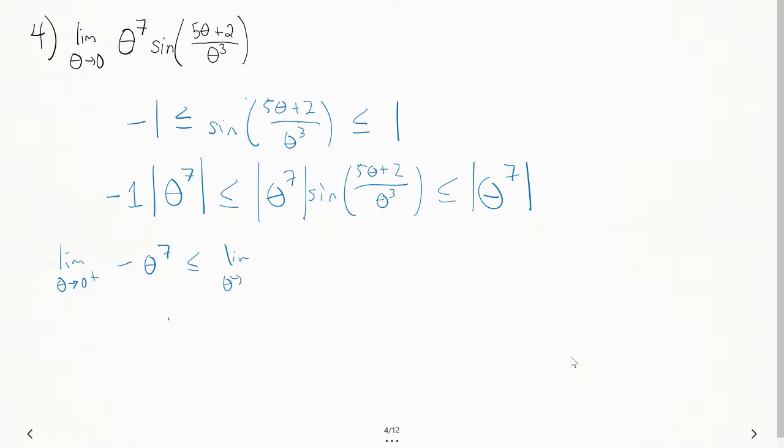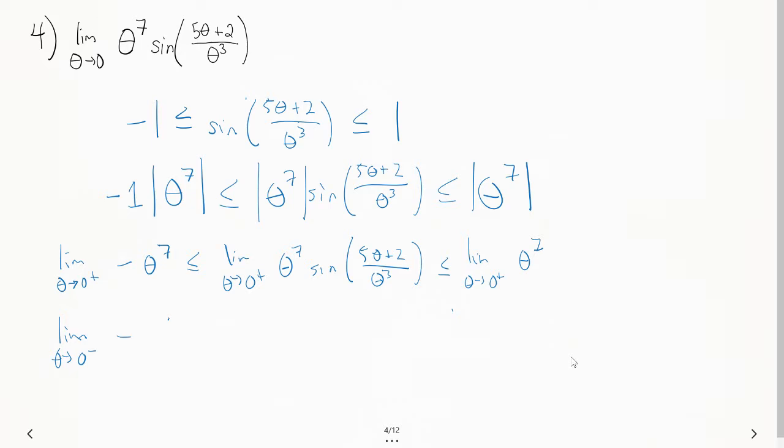So, theta approaching 0 from the right-hand side of theta to the 7th sine of 5 theta plus 2 over theta cubed is less than or equal to the limit as theta approaches 0 from the right of theta to the 7th. Okay, and if we approached it from the left-hand side, here's what happens. Notice we're talking negative numbers now, right?